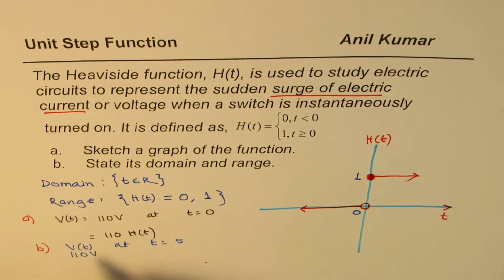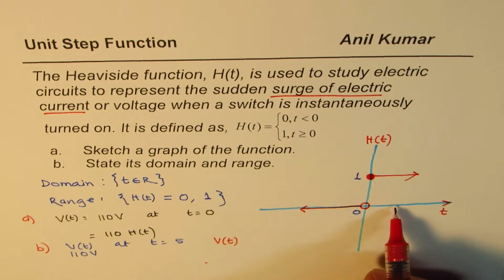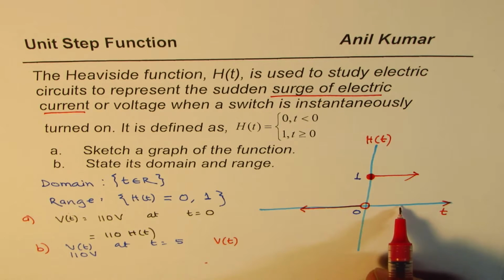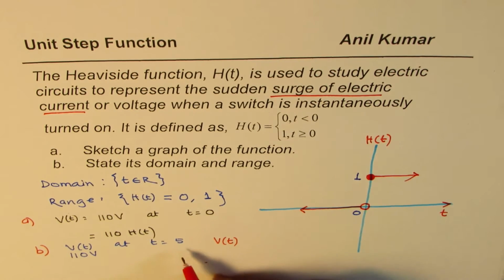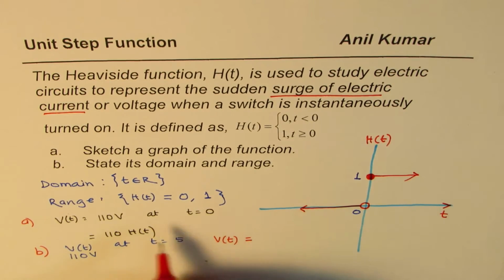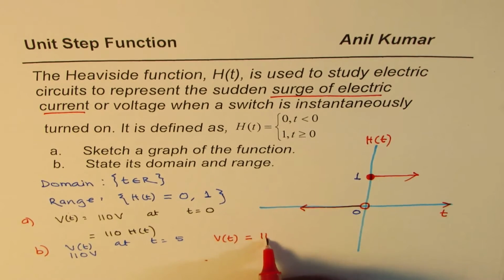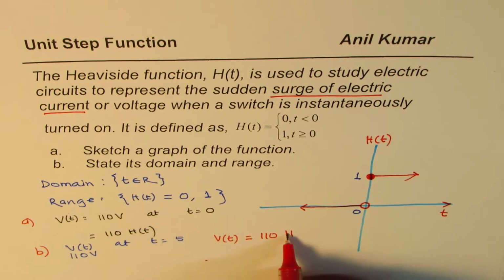Here is the solution. Since we are applying it at t equals 5, till that time it is 0, right? So the function kicks in to the value 1 where t equals 5. That means it could be written as 110 times h of t minus 5.